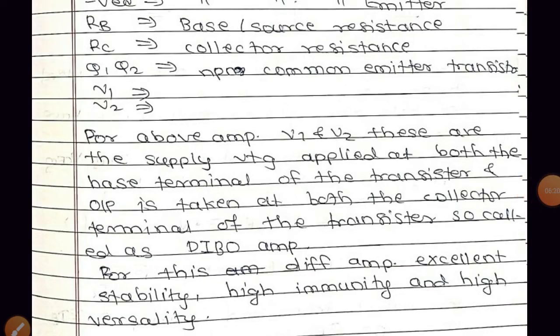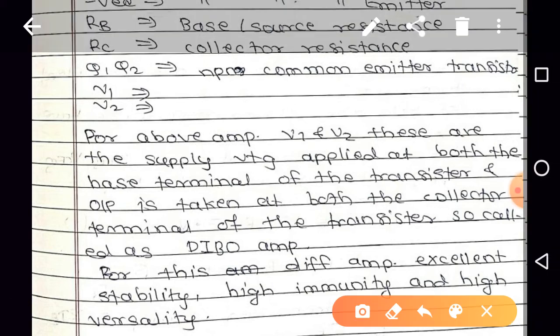From the above amplifier, V1 and V2 are the supply voltages applied at both base terminals of the transistors and output is taken at both the collector terminals of the transistors, so called dual input and balanced output amplifier.